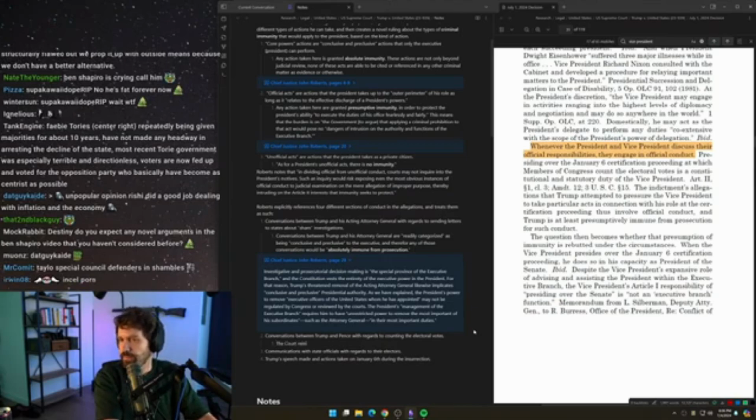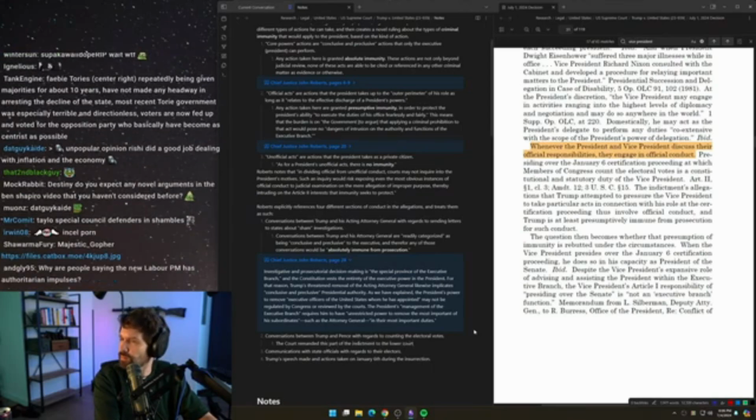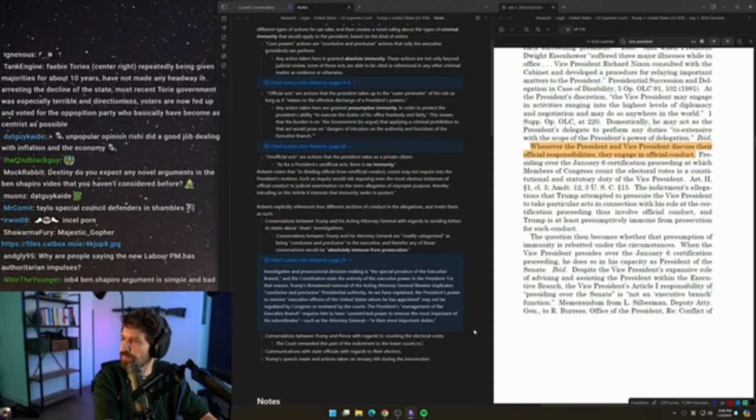The court remanded this part of the indictment to the lower courts.